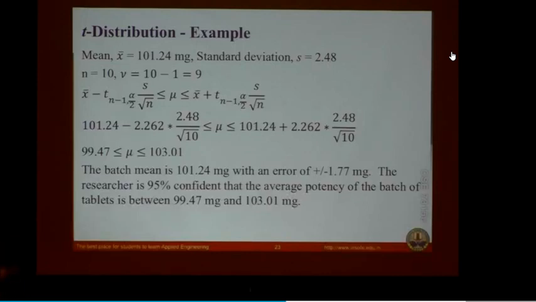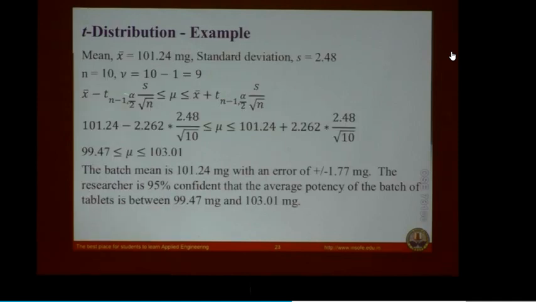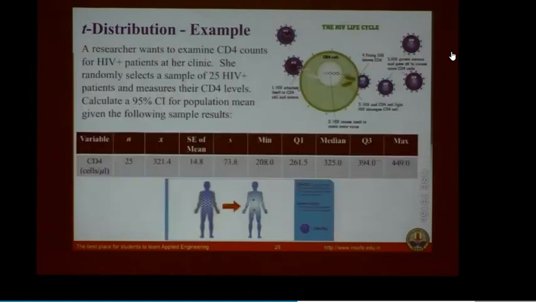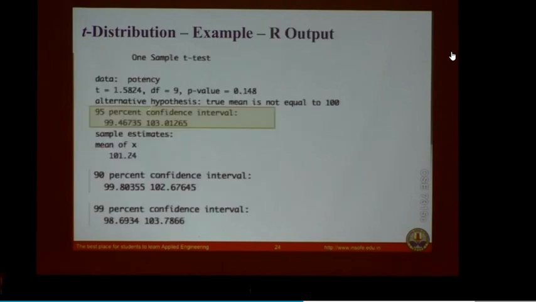Okay? And in R, if we do that, this is the R code. 101.24, we calculated that. 95% confidence interval, 99.47 to 103.01. But it also gives a hypothesis testing result.